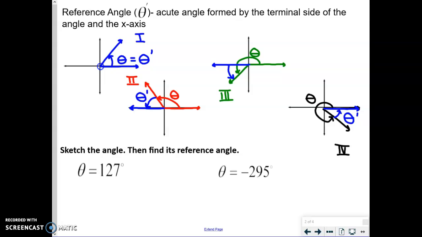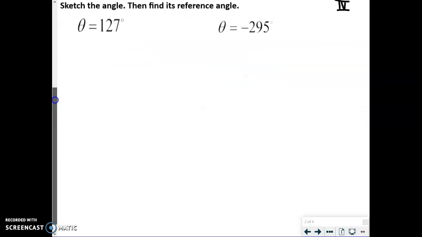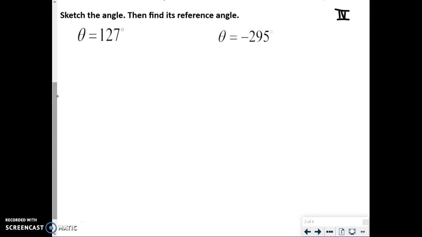So if we take a look at the two examples we have down here, first thing we are going to do is sketch the angle, and then after we sketch it, we're going to take a look at it and find its reference angle in reference to the positive or negative x-axis. So here we go. If we have our angle, 127 degrees.